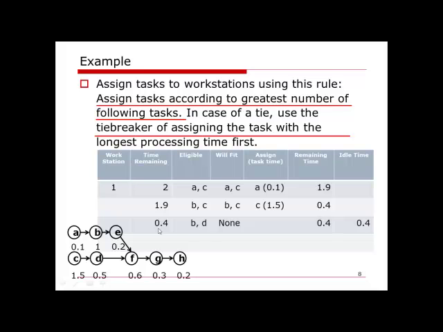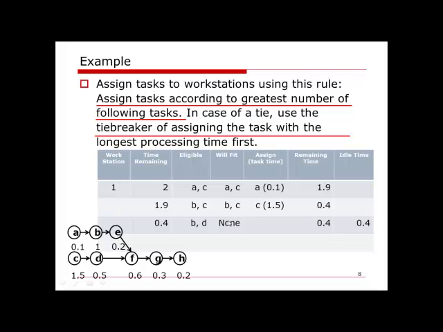However, when we start with 0.4 minutes, the two eligible processes B and D both have a processing time that is longer than 0.4 minutes, which is the available time. So none of them will fit.